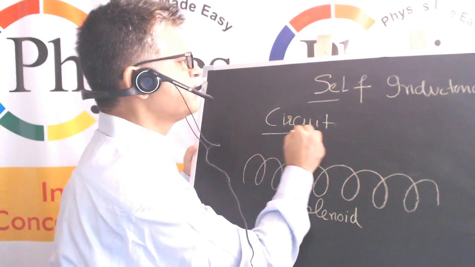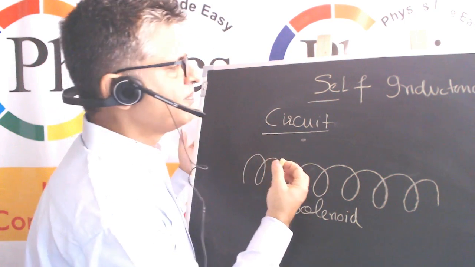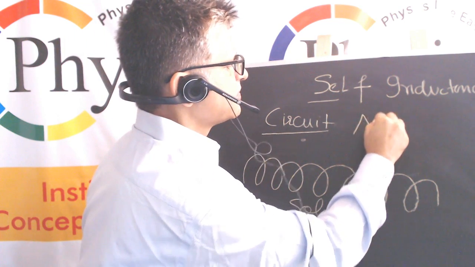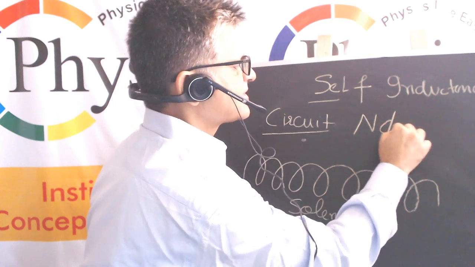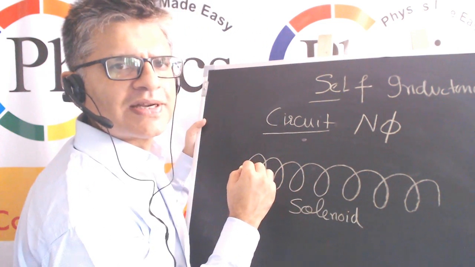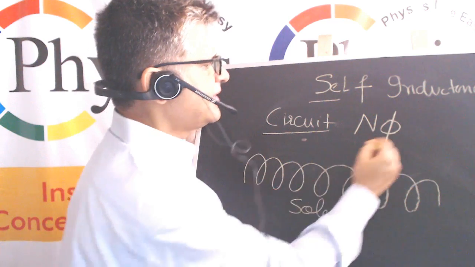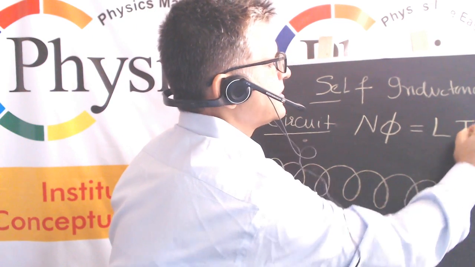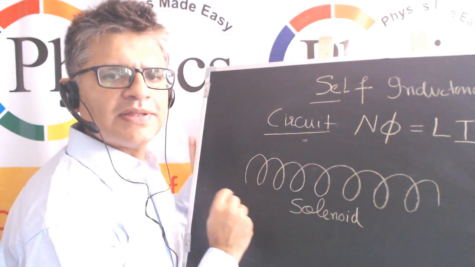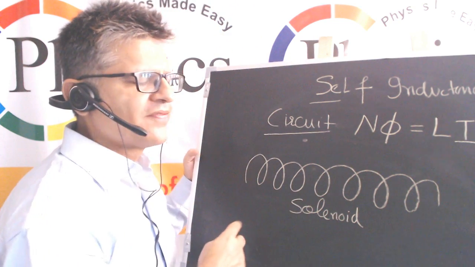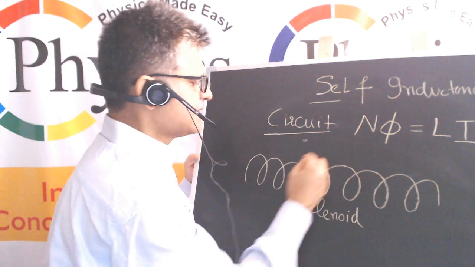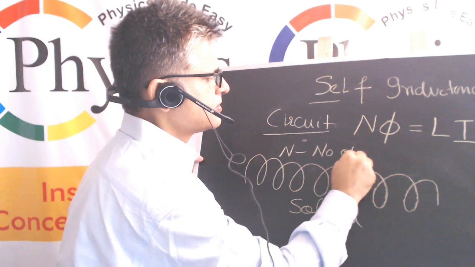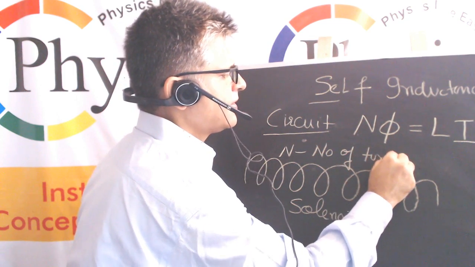Now, the concept being studied is essentially mathematical in nature. So you might have seen this expression: the total flux associated with the circuit when the current I flows through it is given by L into I. Here N is the number of turns in the circuit.